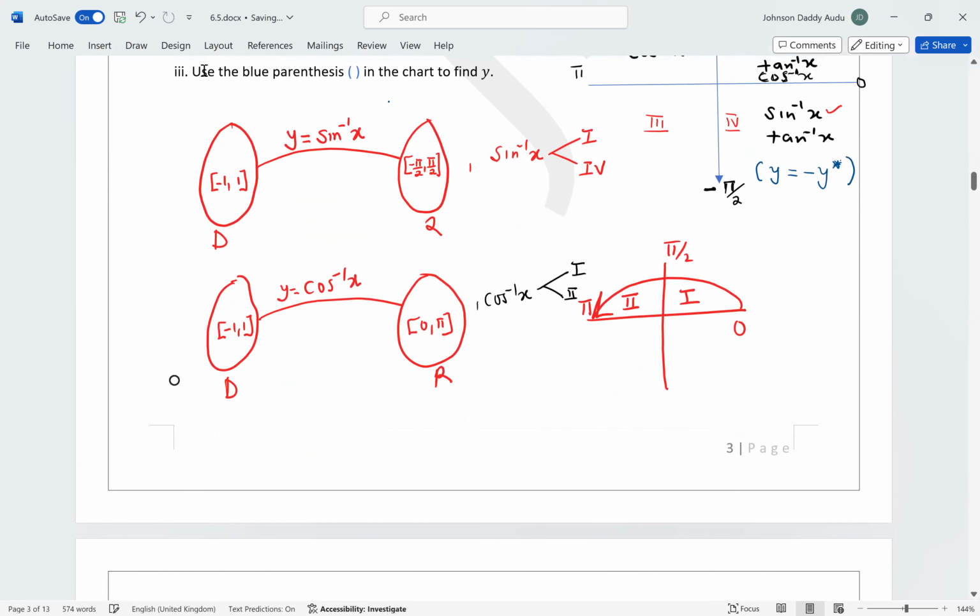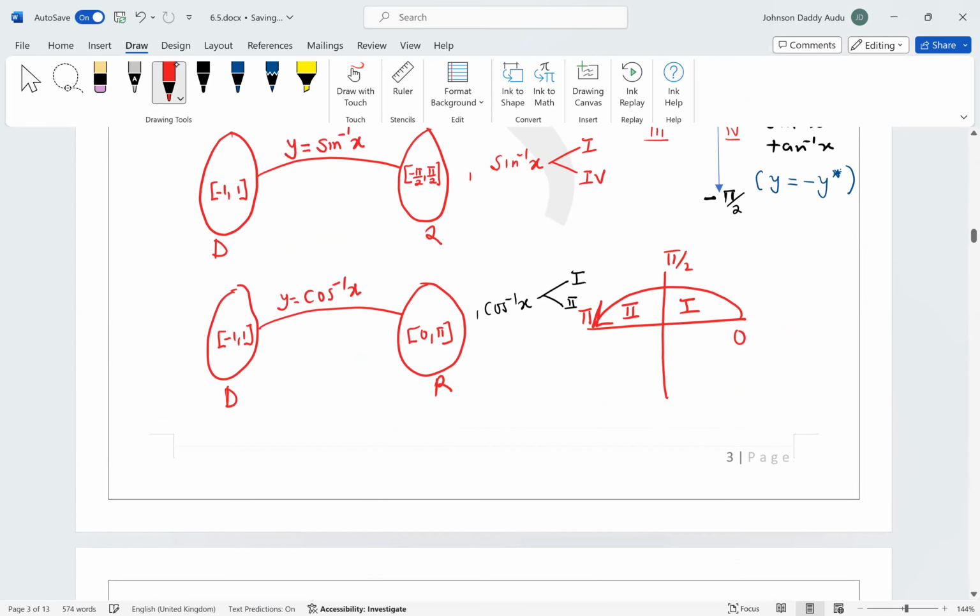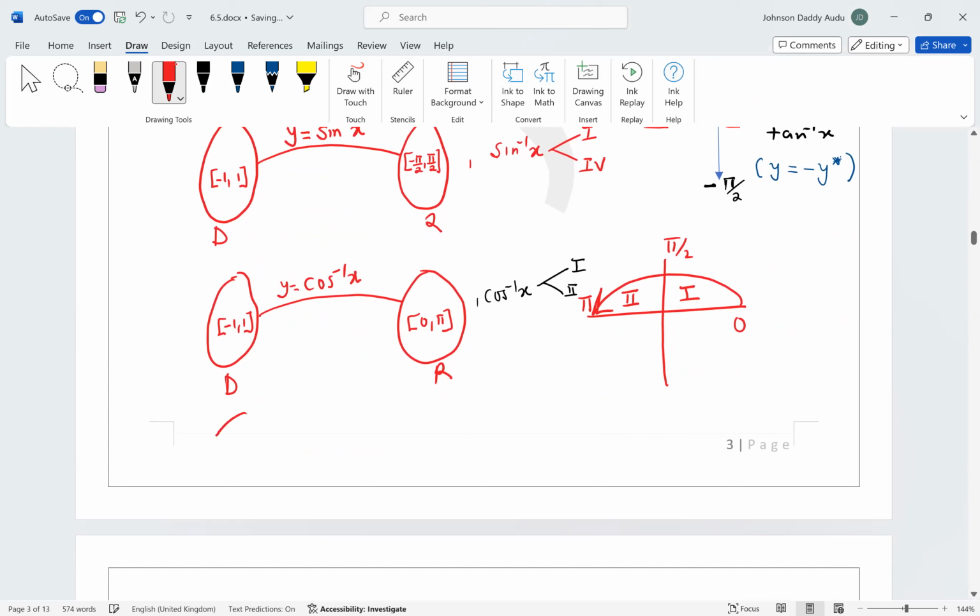Always. Now, finally, tan inverse of x. Where can we find tan inverse of x? The same story. So y is tan inverse of x.